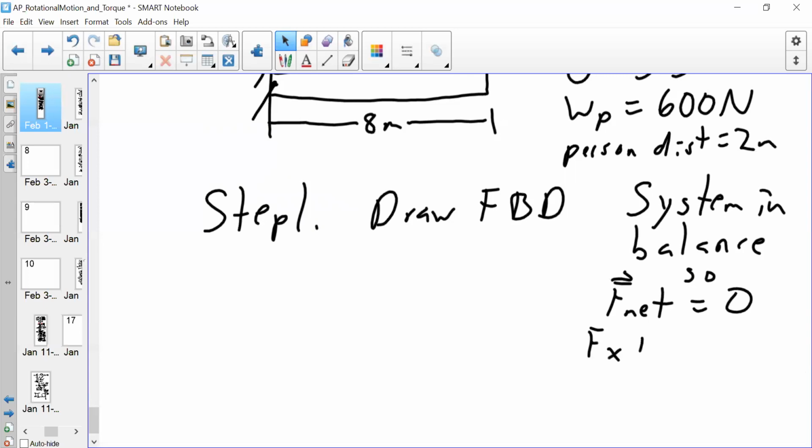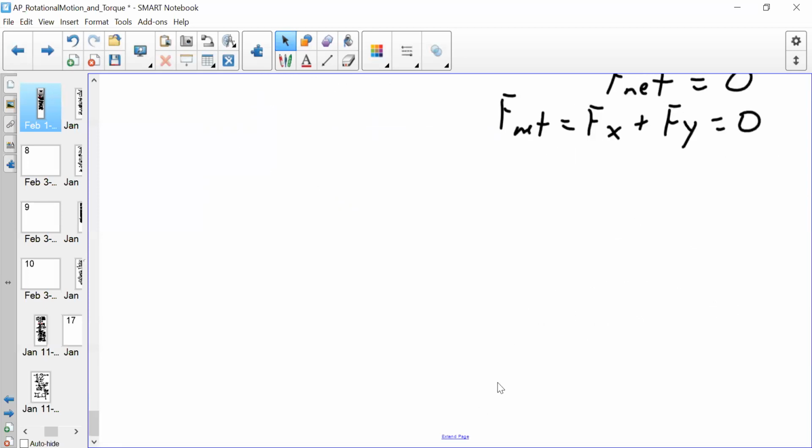We know that the net force is made up of all the forces in the x and the y directions. So just drawing all the forces out.